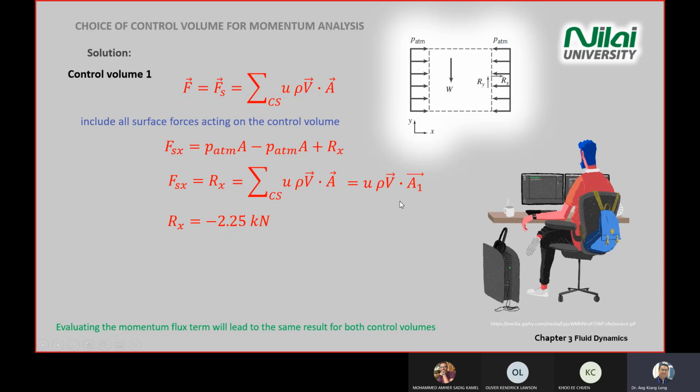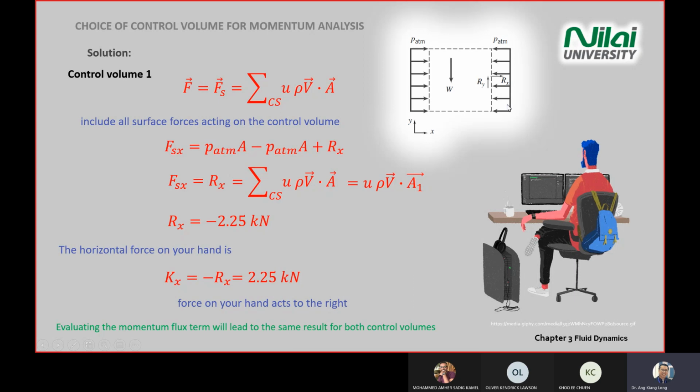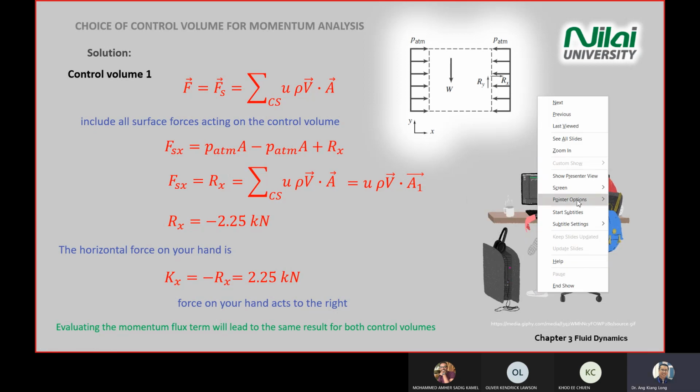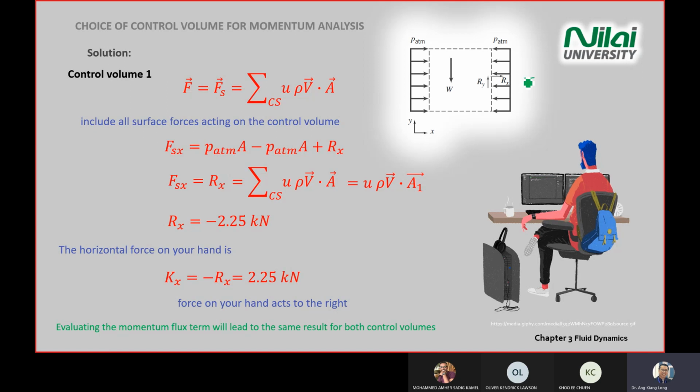Okay, understand why if you have a negative Rx, you need to flip to the other side? Yes, sir. Okay, then what you feel in your hand will be on this side of the diagram. So it will be a negative Rx. It means that what you feel over here is your Kx. Your hand is over here.